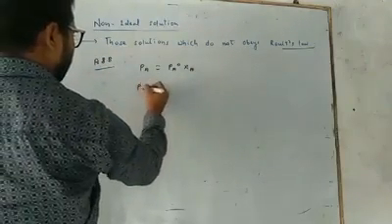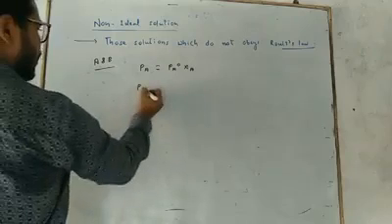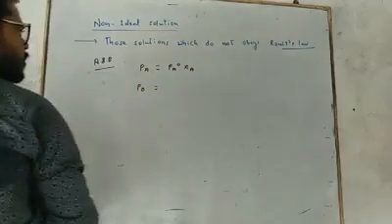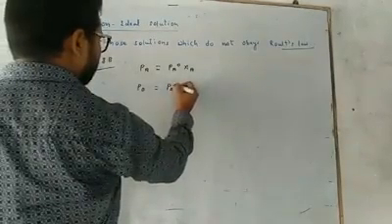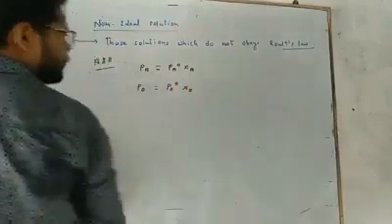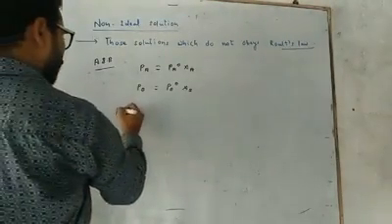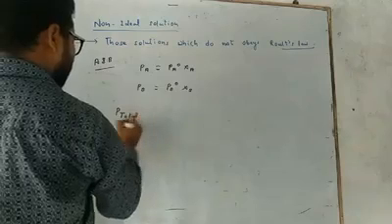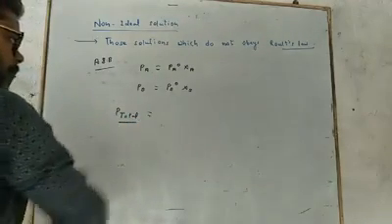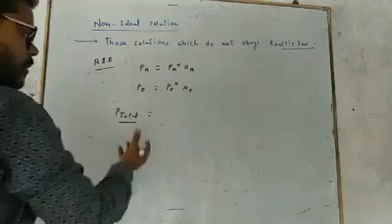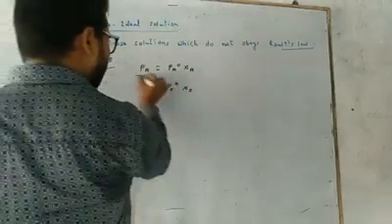PB will be the partial vapor pressure of component B, given by PB0 XB, and the total vapor pressure of the solution will be the sum of PA and PB.